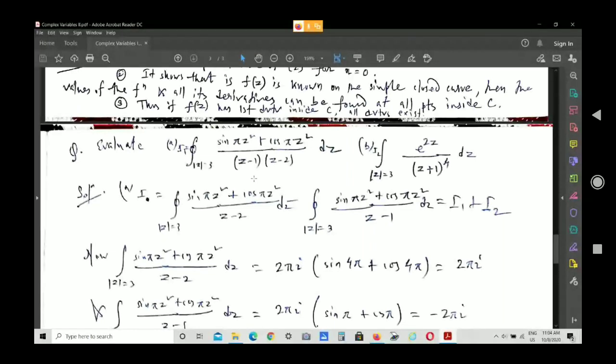What are the points where the function may not be analytic? Govind? Hello.